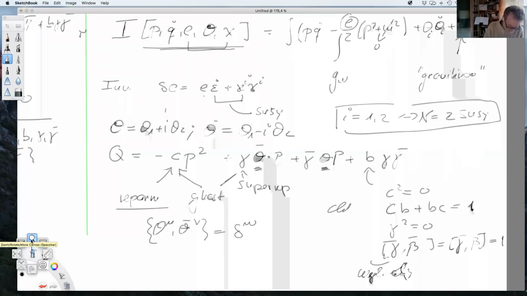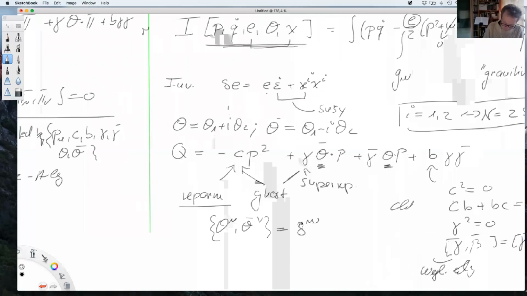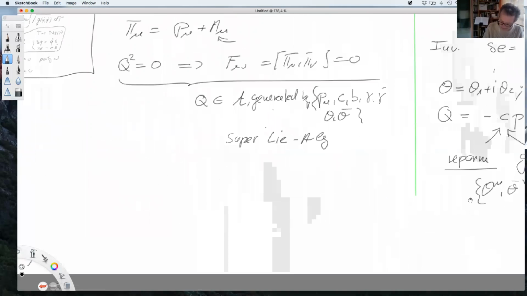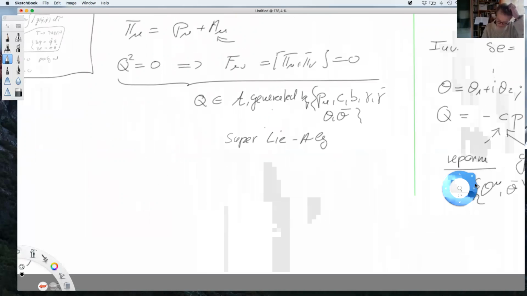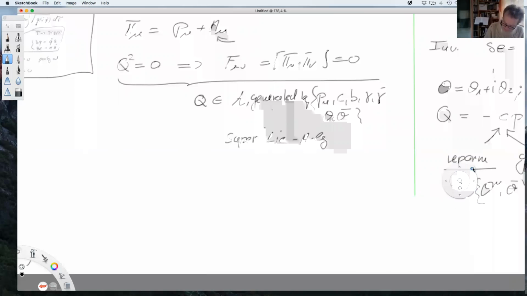So we can think of Q as just abstractly an element of some graded Lie algebra. And we can write the nilpotency condition, Q squared, as 1/2 the anti-commutator of Q with Q, since it's an odd vector field. And we would like this to be equal to 0 in order to have BRST.